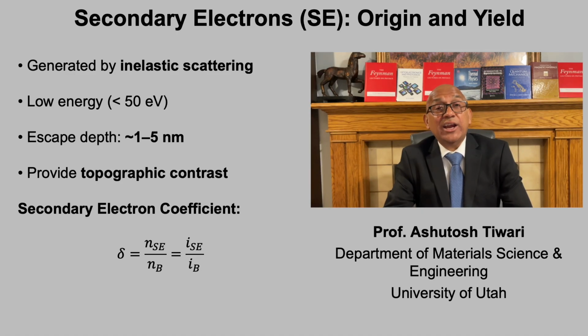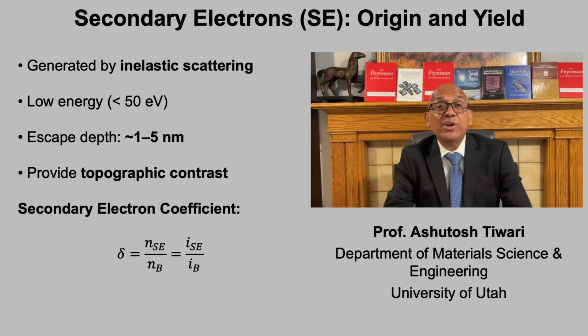We now turn to secondary electrons, which provide a very different kind of contrast in a scanning electron microscope. Secondary electrons are generated through inelastic scattering of the incident electron beam with atoms in the specimen. In this process, energy is transferred to loosely bound electrons, allowing them to escape from the surface. Because of the way they are generated, secondary electrons have very low energies, typically less than about 50 electron volts.